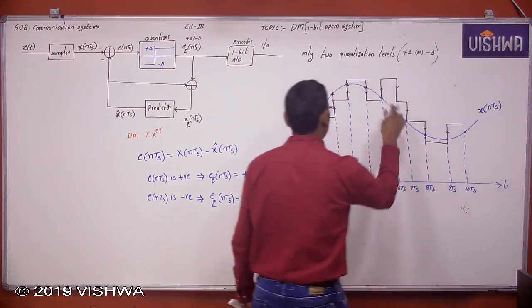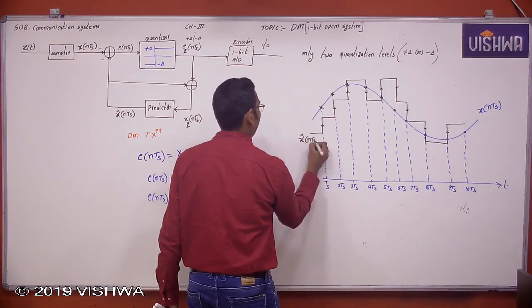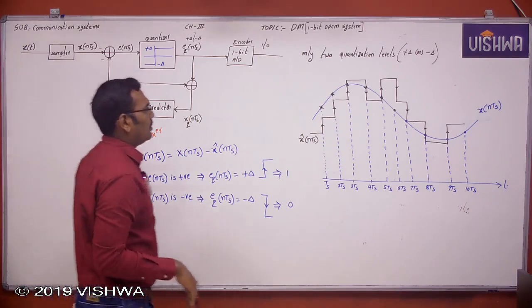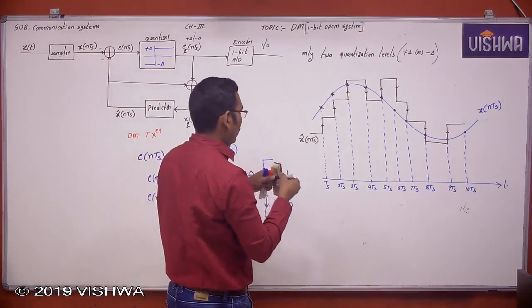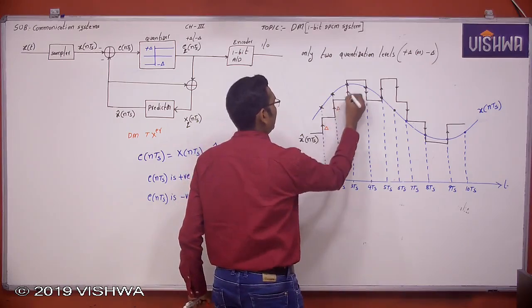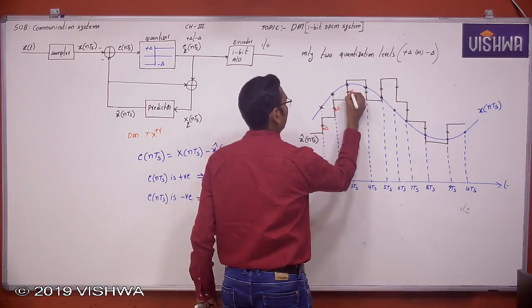Now this is the staircase approximated signal, which is nothing but x cap of nTs. The staircase approximated signal is nothing but the predictor output. Now you observe here, this is incremented delta, plus delta, plus delta, plus delta.